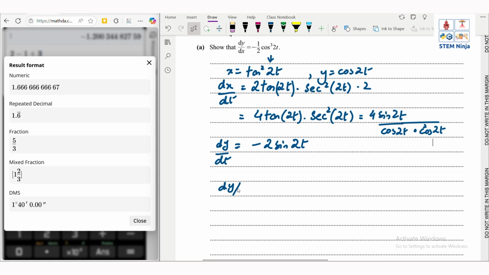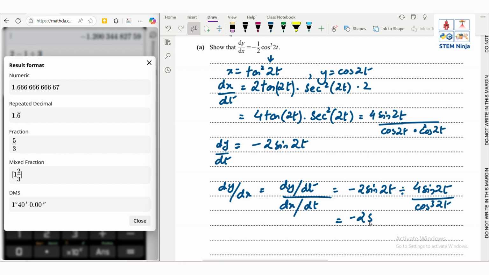So dy by dx is dy by dt divided by dx over dt. So dy by dt is minus 2 sine 2t divided by 4 sine 2t divided by cos cubed 2t, which leads us to minus 2 sine 2t times cosine cubed 2t divided by 4 sine 2t.